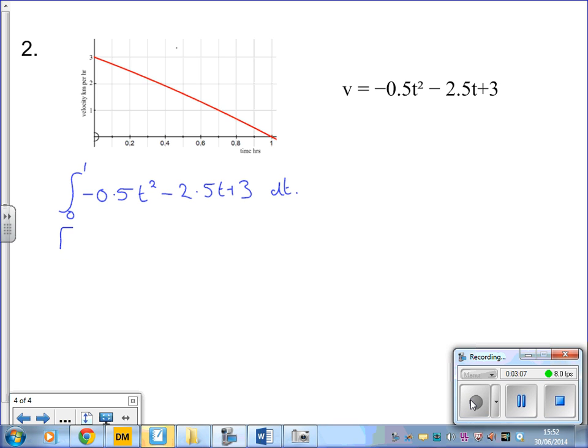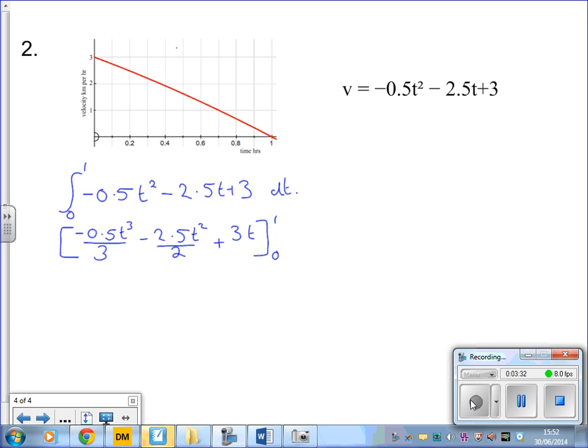So with my square brackets then I'm integrating, so I'll add 1 to the power and then divide by the new power. Between the limits of 1 and 0.